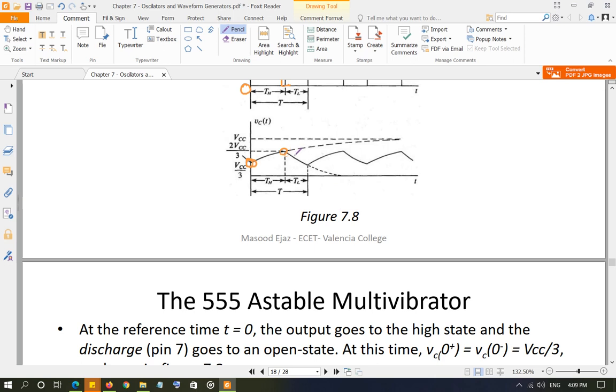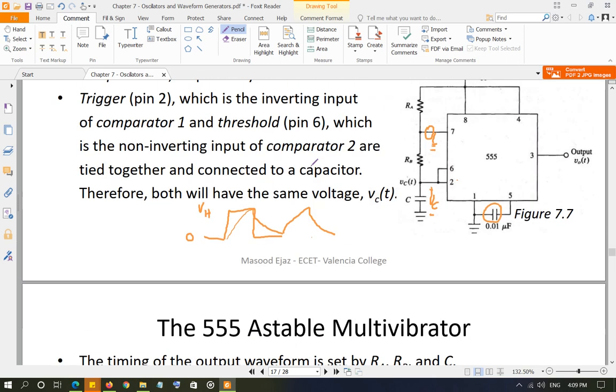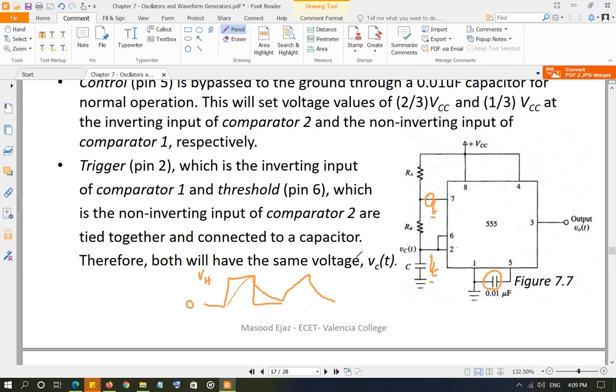It is discharging towards 0, but as soon as it hits VCC by 3 and becomes a little bit lower than VCC by 3, what is going to happen? Pin number 2 and pin number 6 voltage becomes less than VCC by 3, right?